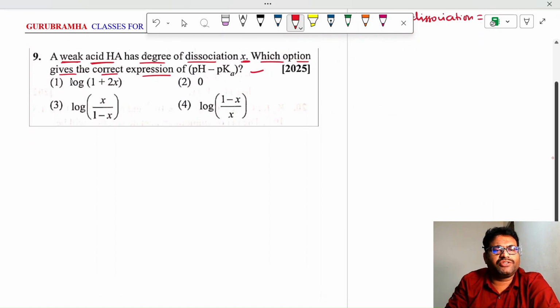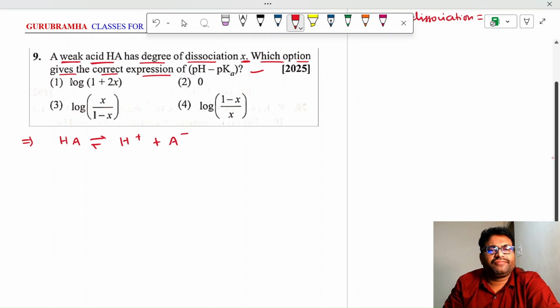Let us see. HA dissociates to form H plus and A minus. Then at time 0, let C be the concentration of HA, and there is no H plus and no A minus.